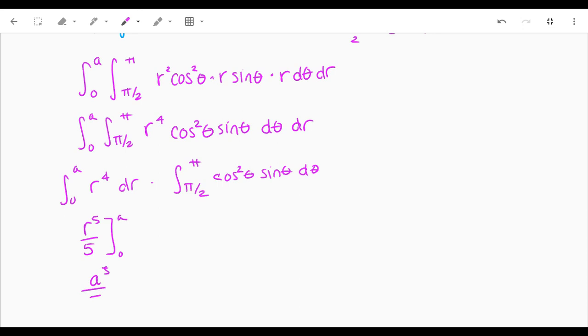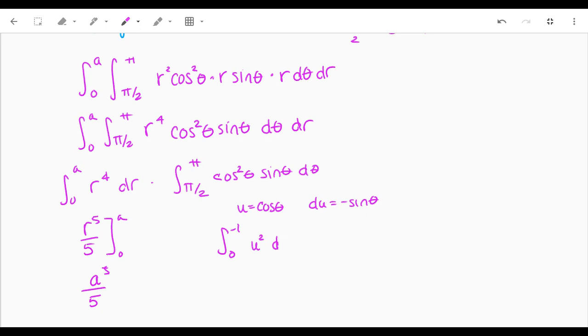Okay, and then over here, I'm going to want to do a u sub, where u is the cosine of theta, du is the negative sine of theta. Okay, so if u is the cosine of theta, the cosine of pi over 2 is 0. The cosine of pi is -1. Okay, and I'll have u squared du.